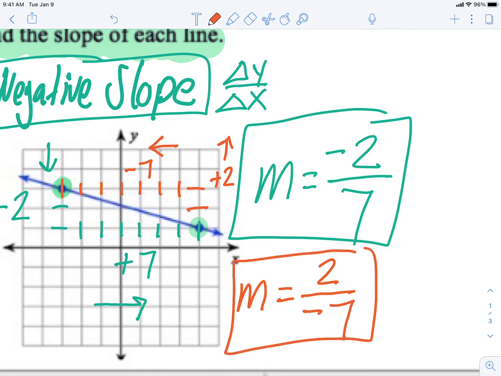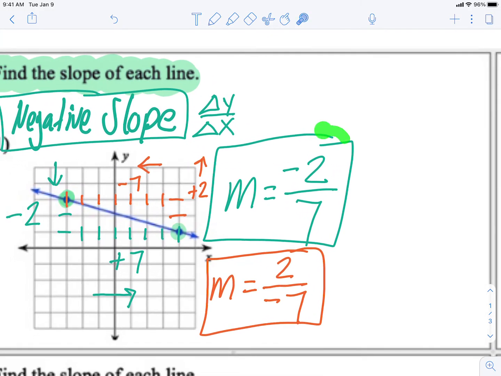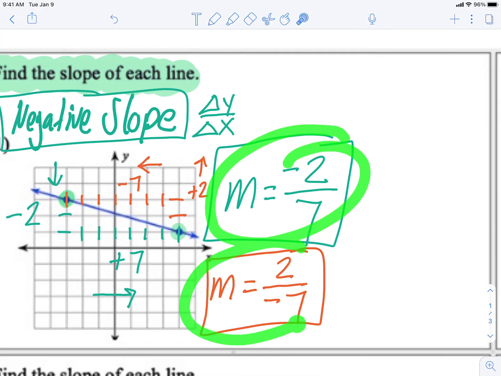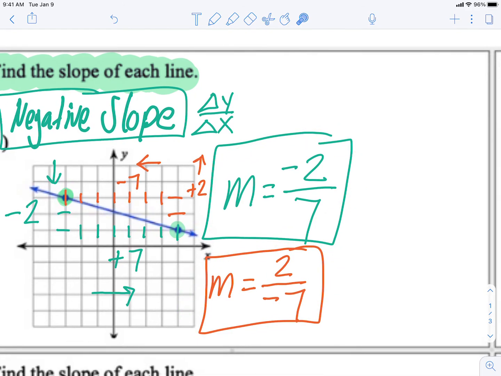And that would have been my slope. Now the question here is, are these two the same or are they different? What do you guys think? The same or are they different?